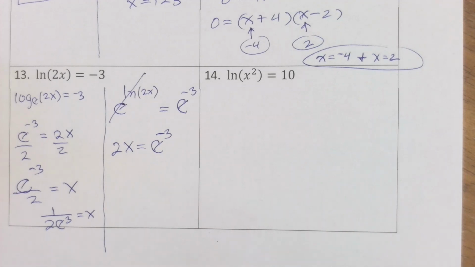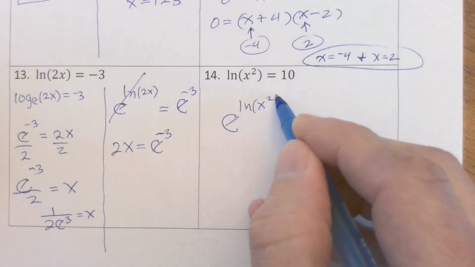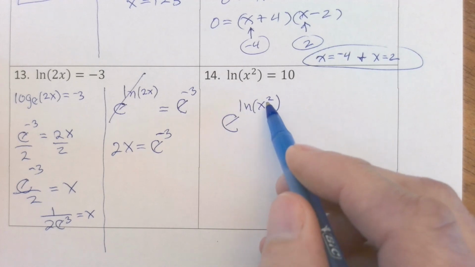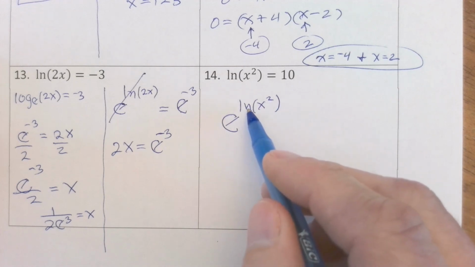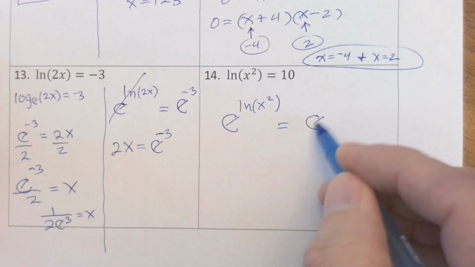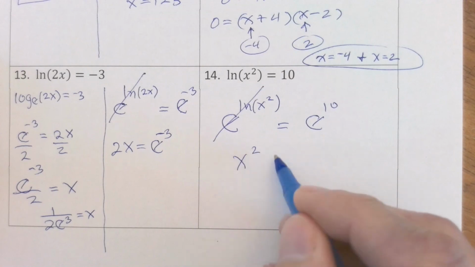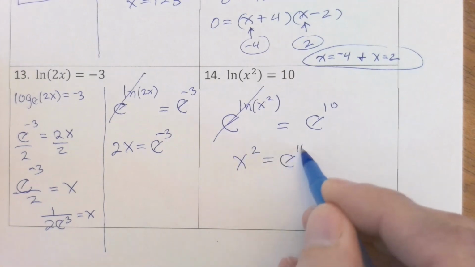So on problem 14, I think I will use this inverse approach. You've got something inside of a natural log, like x squared, and you're trying to get out of the log. Use the log as an exponent above the e, but you've got to do it to both sides like this. I did that because these are inverses, so now I have x squared equals e to the 10th.